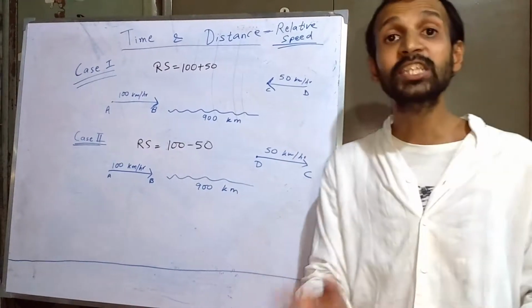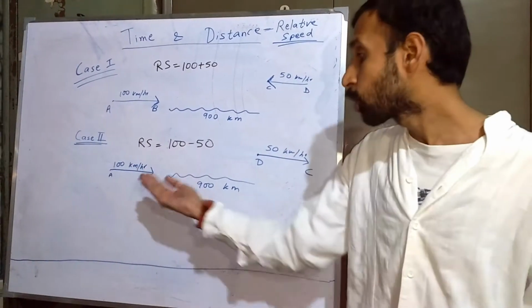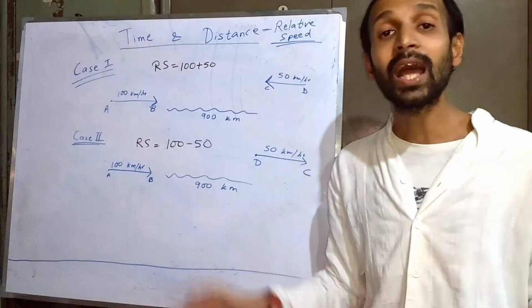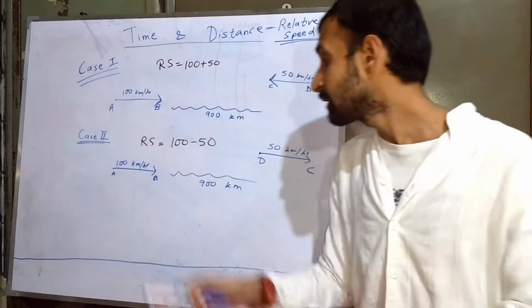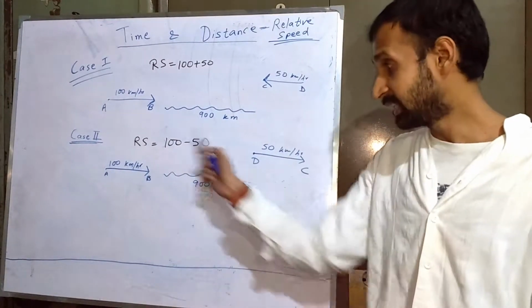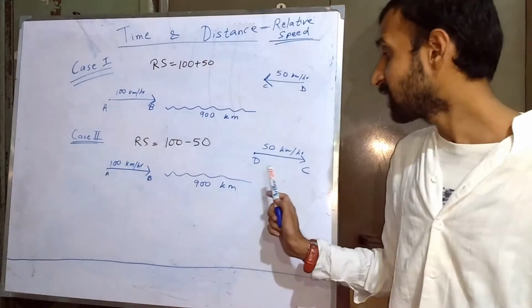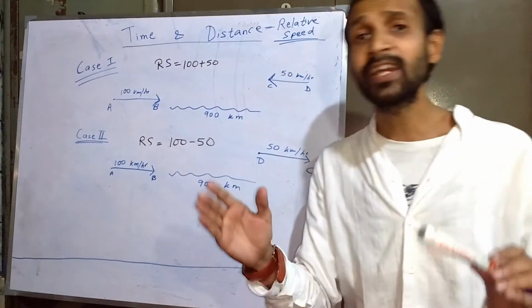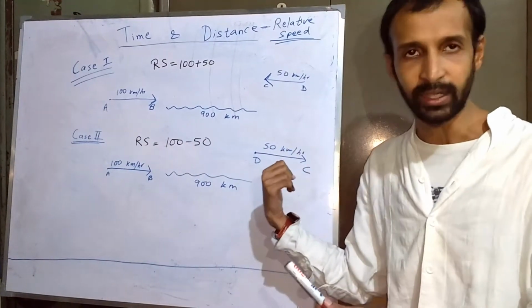Again, the question that arises is that will this train be able to cross or meet this train? Now note that will happen only if the speed of this train is more than the speed of this train. In this figure, you can find out that the speed of train AB is 100 and the speed of train CD is 50. It means that eventually this train will cross and surpass the other train.